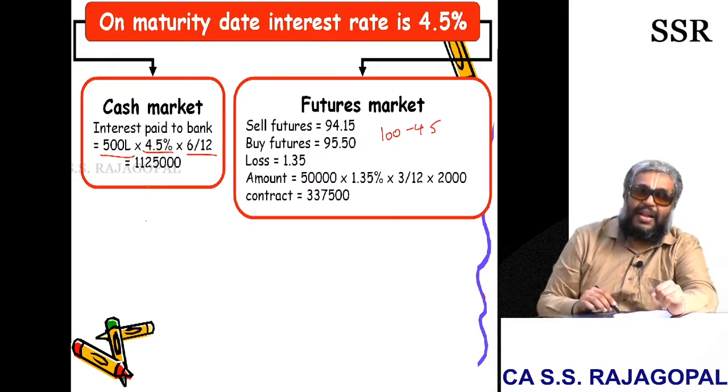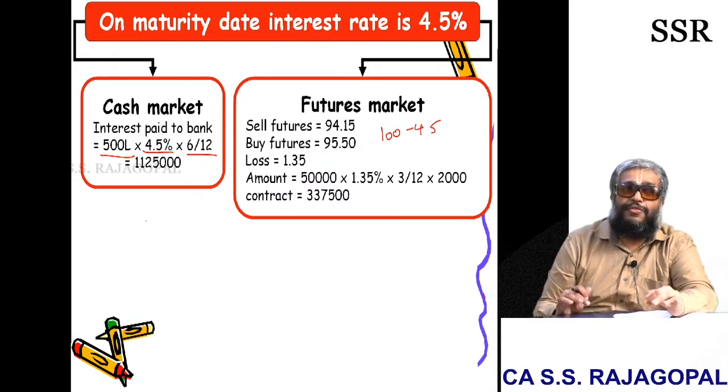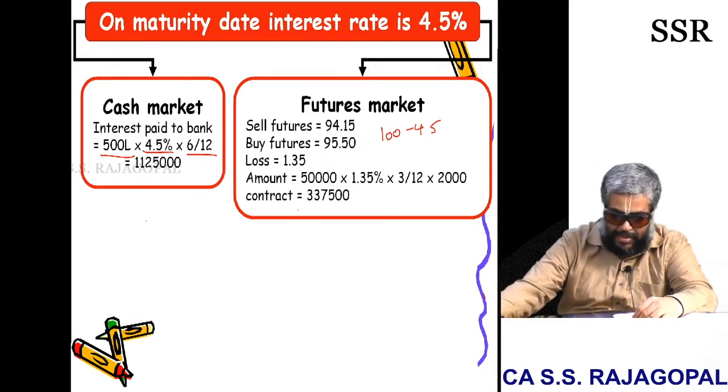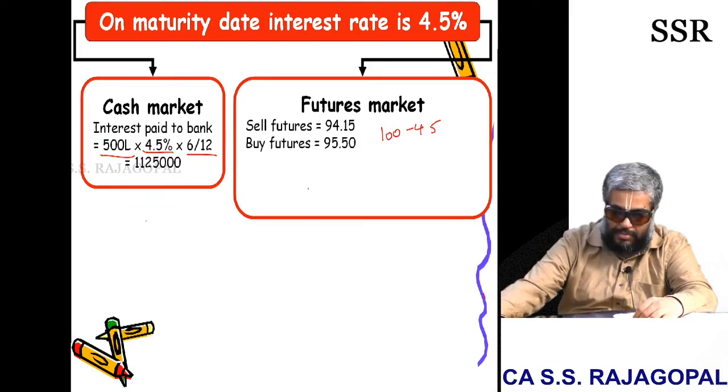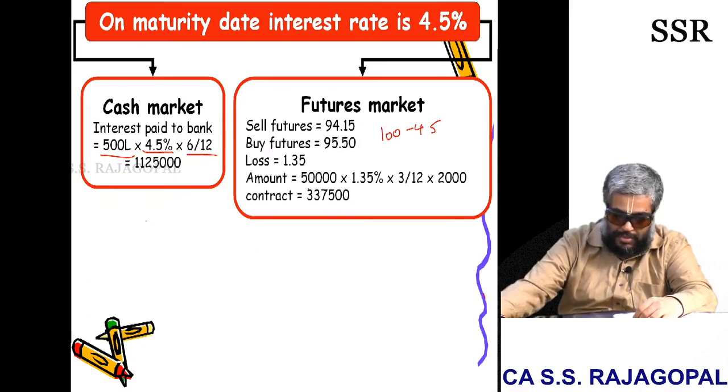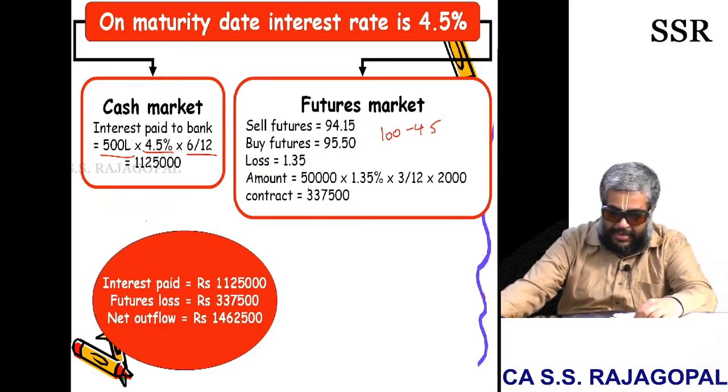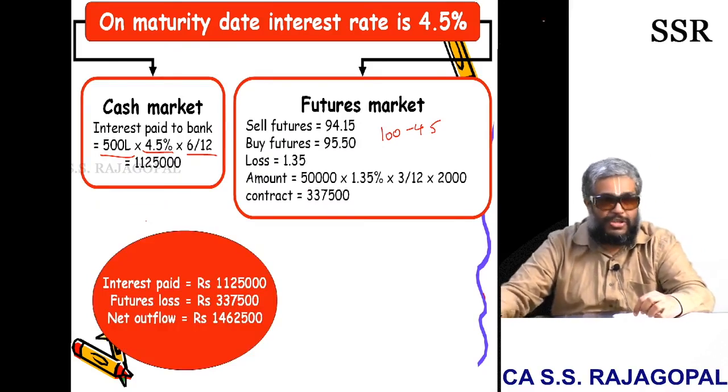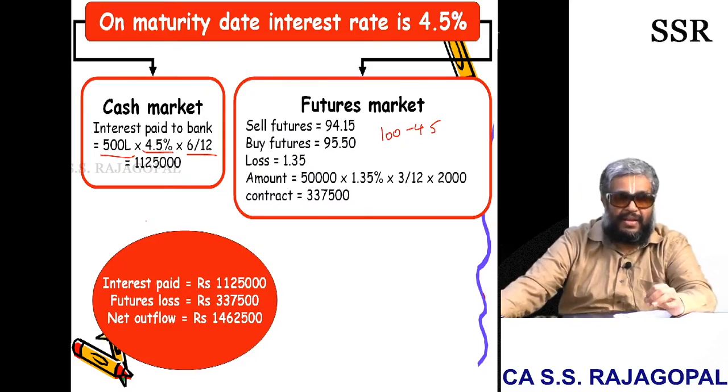I have to pay 11,25,000 to the bank for interest. Then I have to pay 3,37,500 in the futures exchange for loss. Total outflow: write one by one.